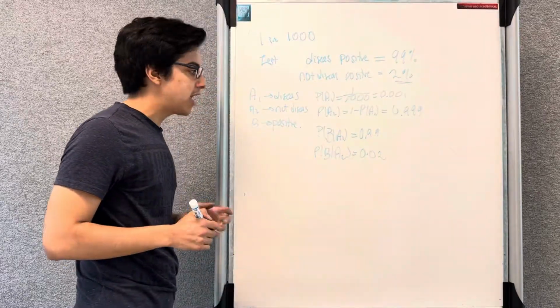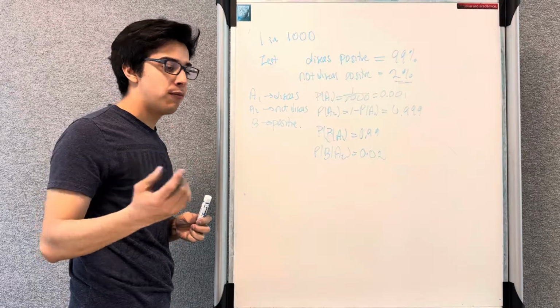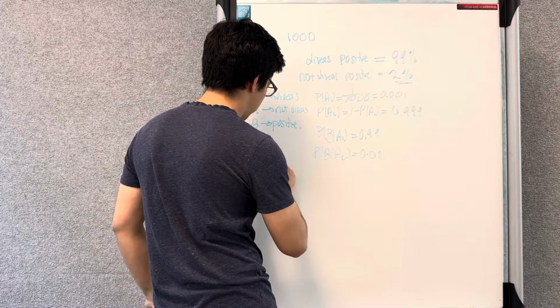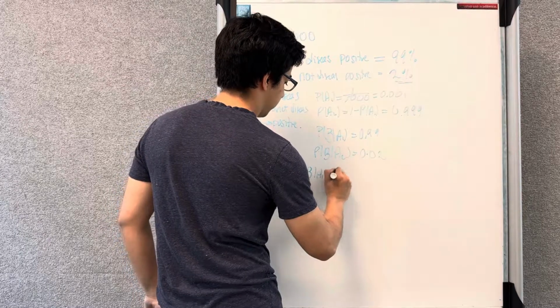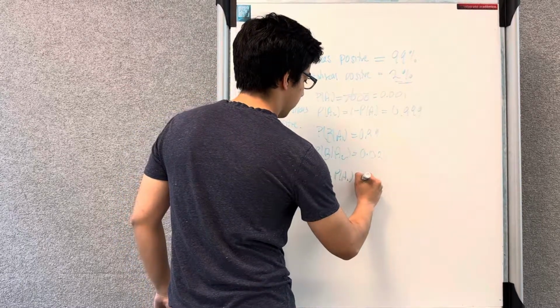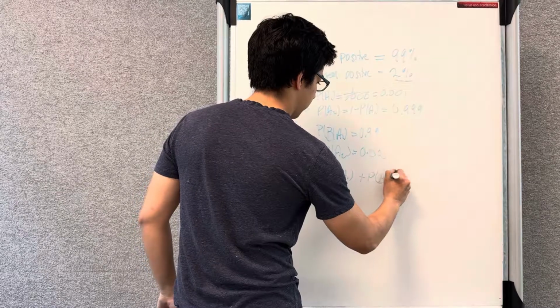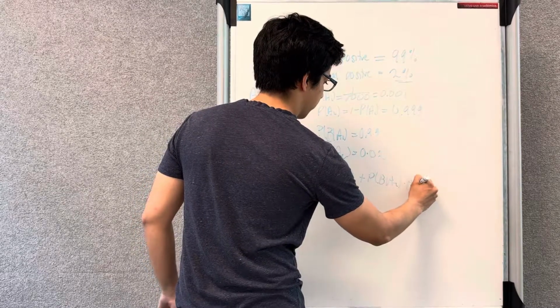So we can first get the total probability of B, which is the probability of B given A1 times the probability of A1, plus the probability of B given A2 times the probability of A2.